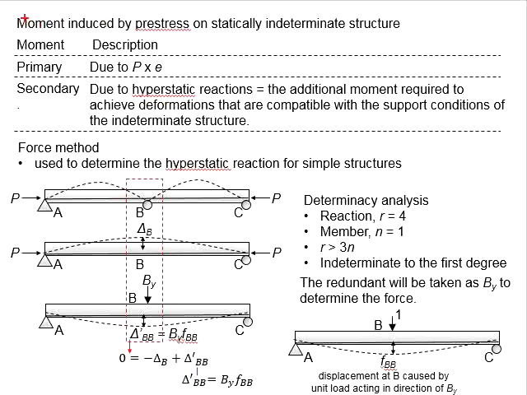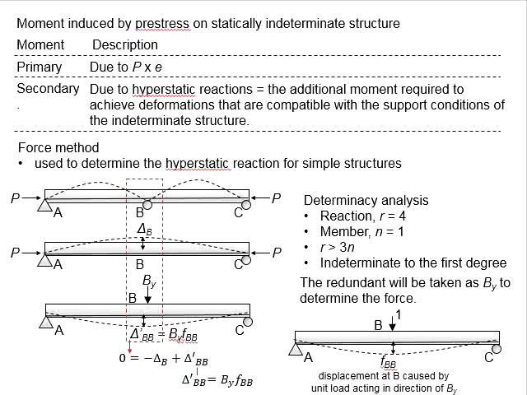The slide here presents the moment induced by the prestressing force on a statically indeterminate structure, which is the continuous member. First, you need to know the meaning of a statically indeterminate structure. This is a concept that you have learned from structural analysis, where if the structure is statically determinate, we can easily determine its reactions by using the principles of static equilibrium.